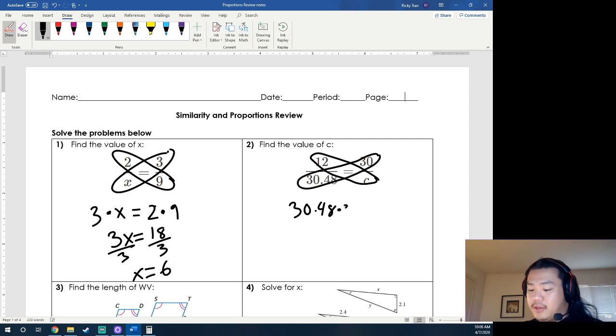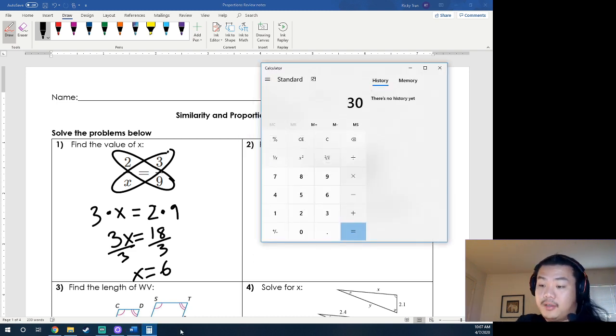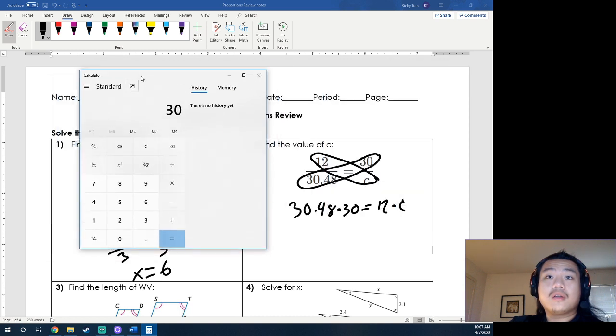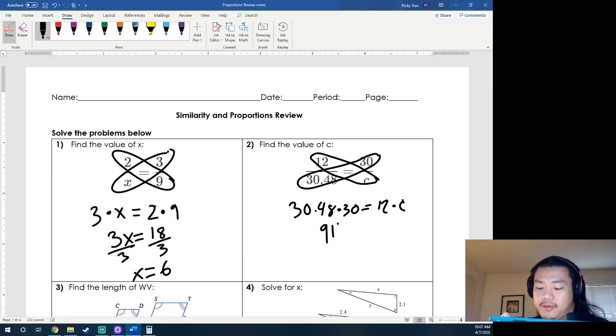So we have 30.48 times 30 is equal to 12 times c. We take 30.48 times 30, which gives you 914.4 is equal to 12c.